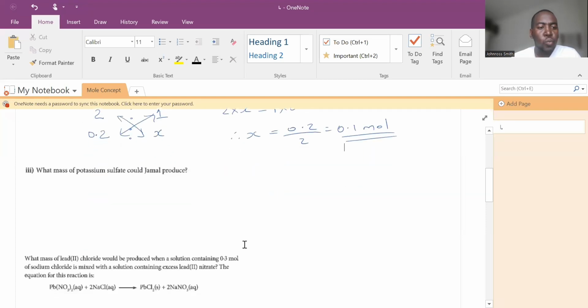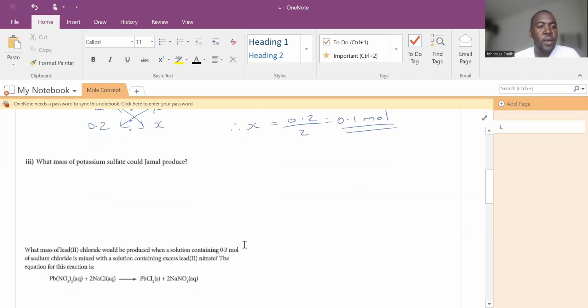One more part of this question is, what's the mass of potassium sulfate that was produced? Now, we use the formula mole is equal to mass over molar mass. So we find the molar mass of K2SO4.